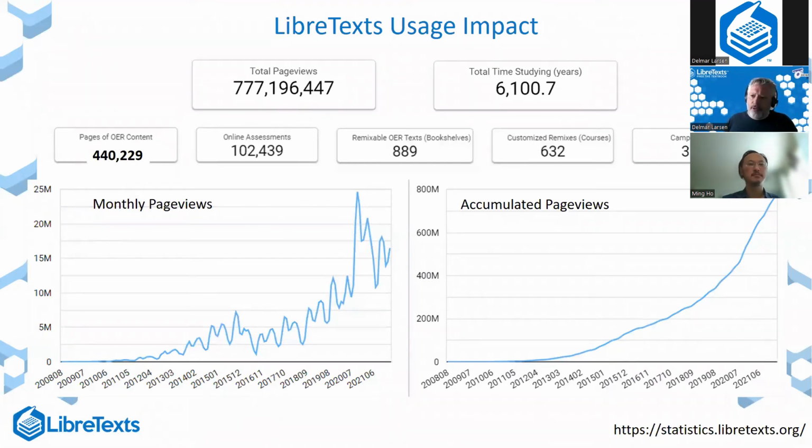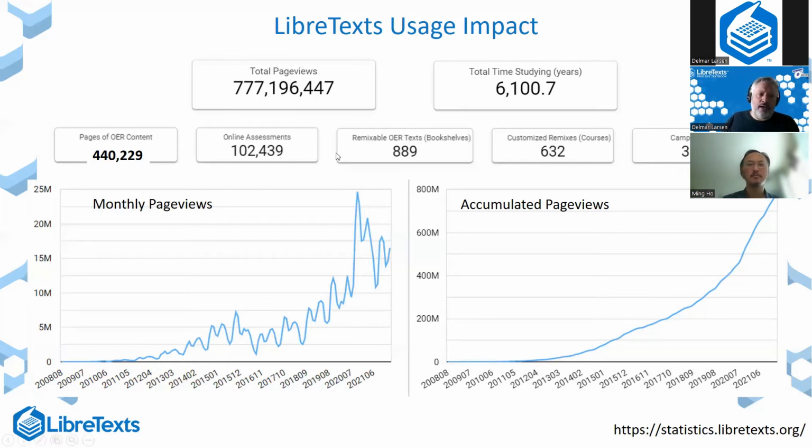So I mentioned that the LibreText project was the largest central repository of OER content and the most popular online today. We've distributed close to 800 million page views since we started 14 years ago, at roughly 800 to 900,000 page views a day. These numbers are not 100% up to date, but we have somewhere in the order of 500,000 pages of OER content that people can utilize to build or remix content for their customized textbooks.